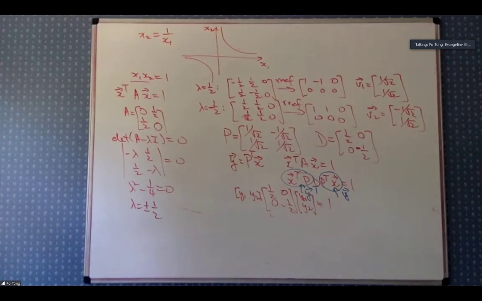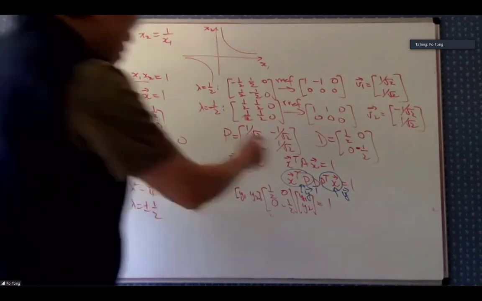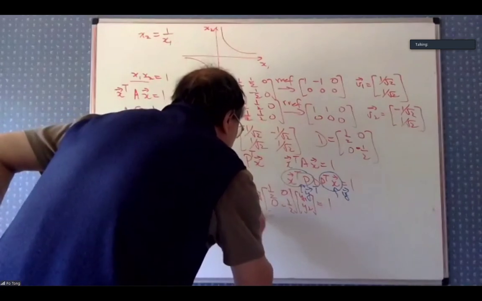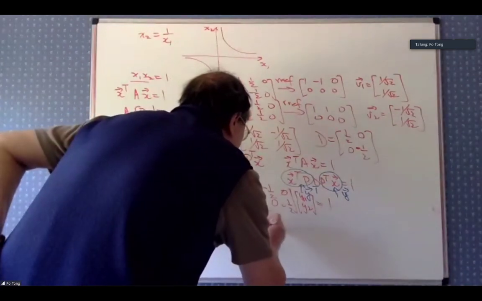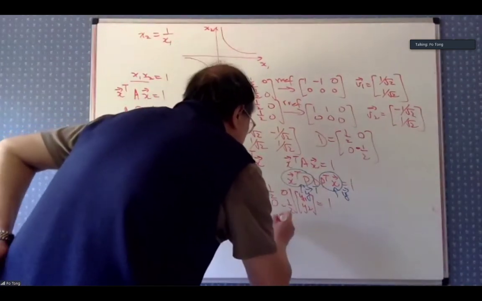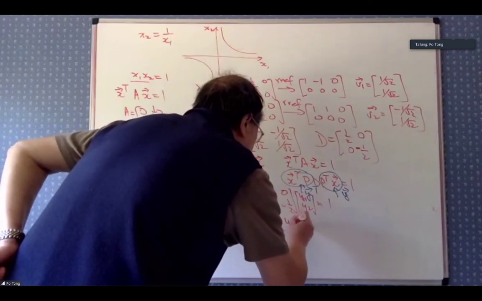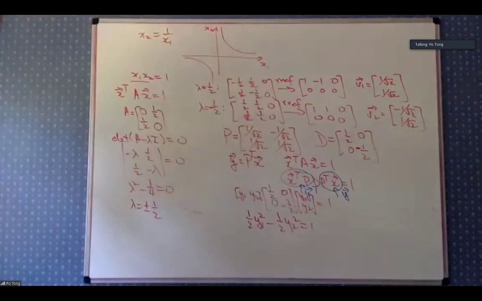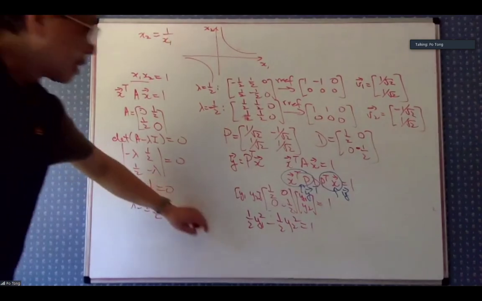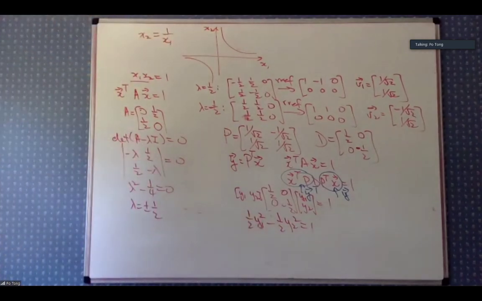So I end up with y1 squared minus y2 squared equal to 1. And of course, now with this new coordinate system, this is a hyperbola in standard position.